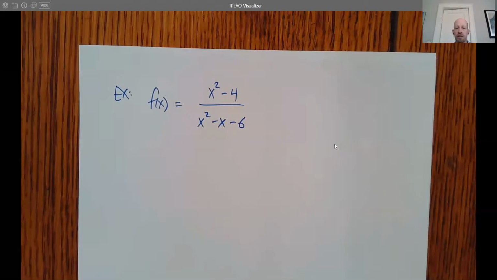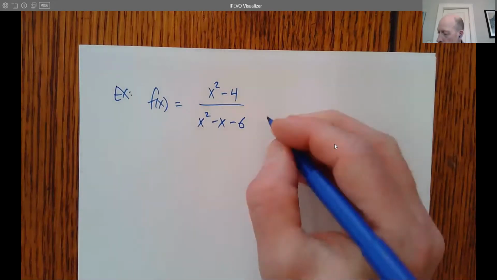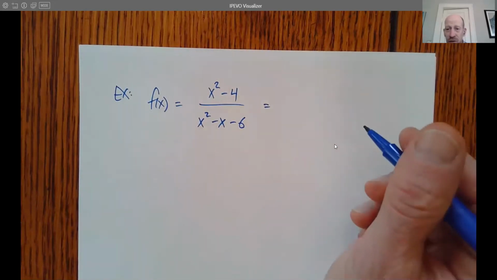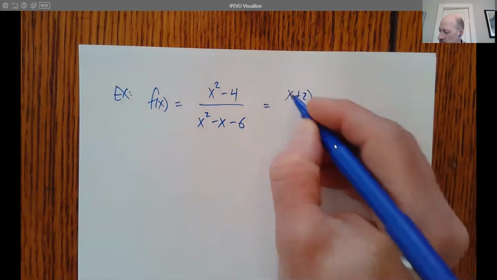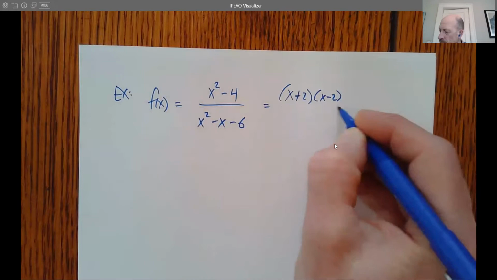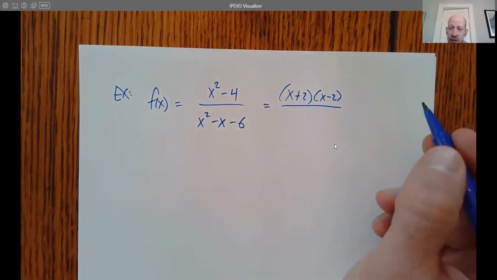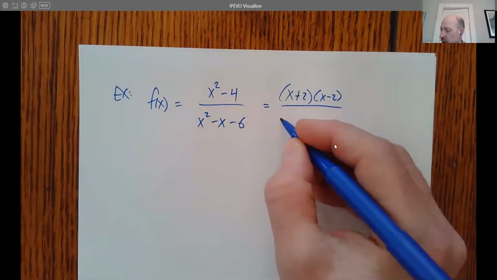Okay, so let's look at this rational function. It's very similar to the other ones. And I do think it's actually a good strategy to go ahead and factor it in the beginning.